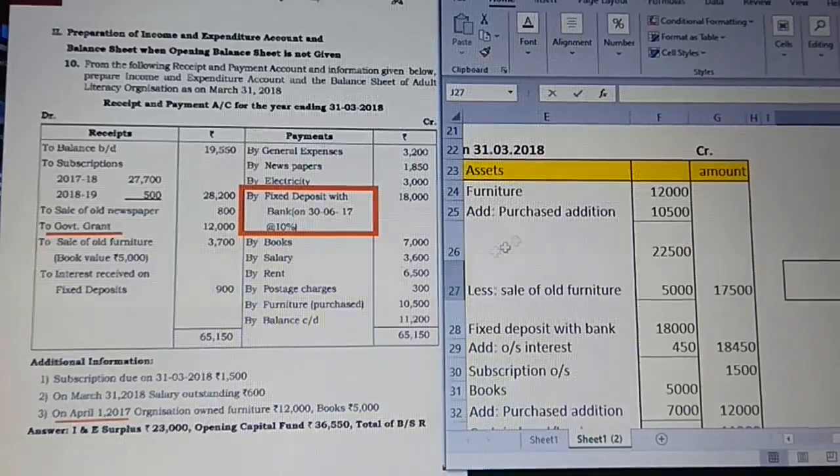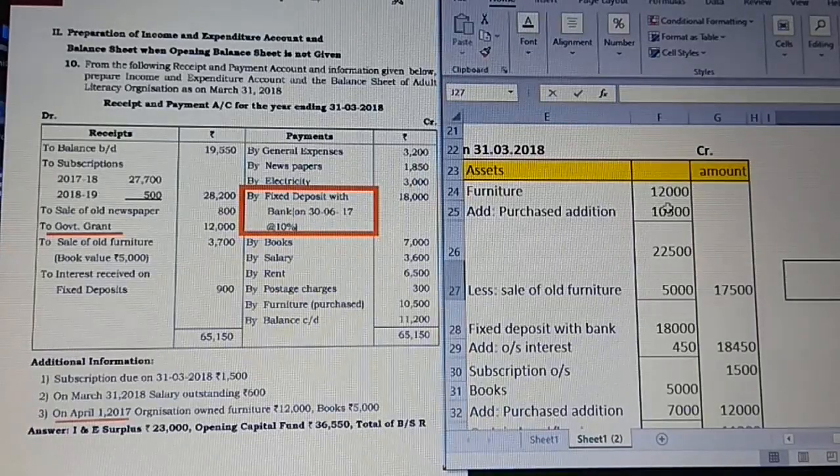I have taken the value here. Just observe, furniture is 12,000, and for the current year there is an addition, a purchase on the payment side. Could you all find 10,500? I've added it, so I get 22,500. With this, the sale of old furniture with the cost of 5,000 is no more with the company.